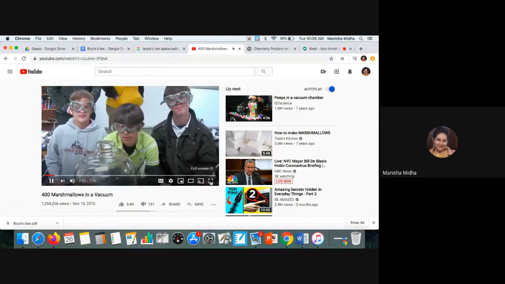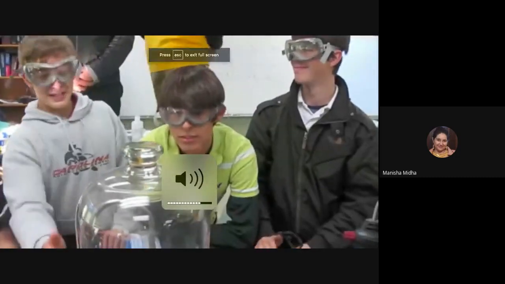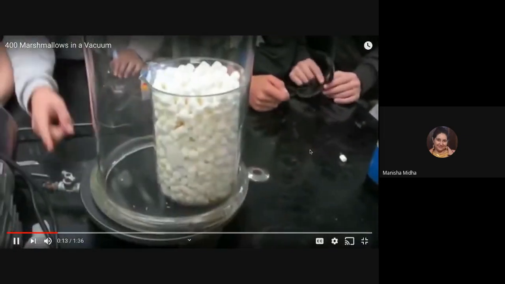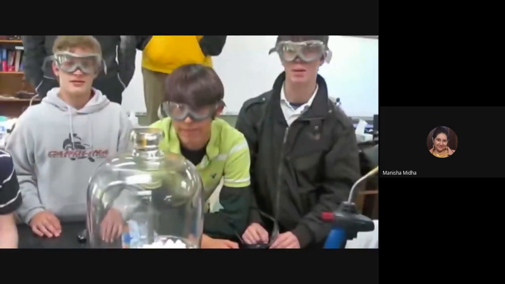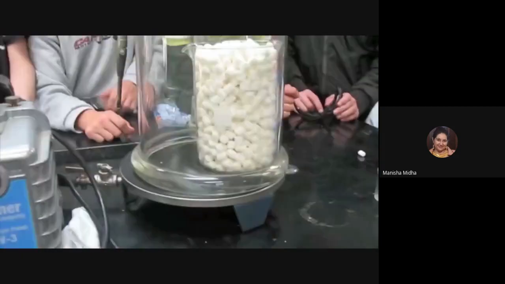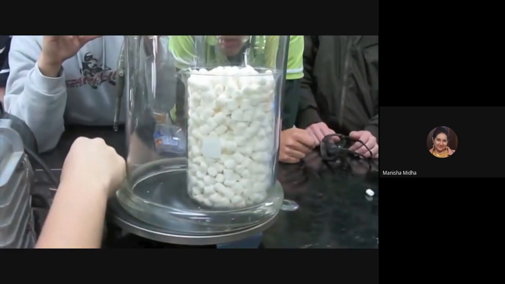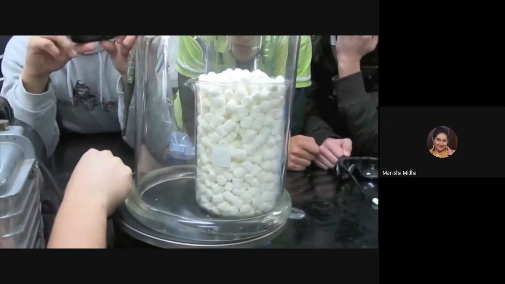All right, class, what are we doing? We are putting marshmallows inside of a vacuum, releasing the pressure so the marshmallows will expand. And then all of a sudden we're going to put the air back in and they're going to shrivel up. It's going to be epic. Okay, let's give it a shot. Awesome. All right. Close the valve. Whoa. There we go. So this is a vacuum. All the air is squeezed out.